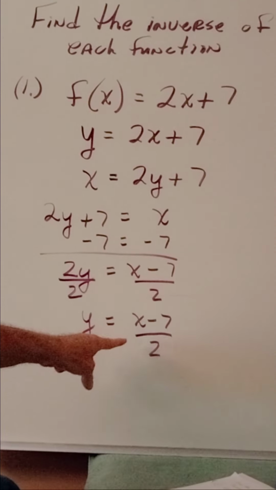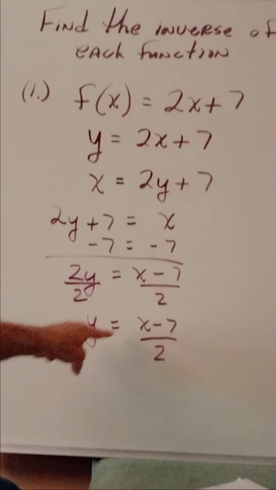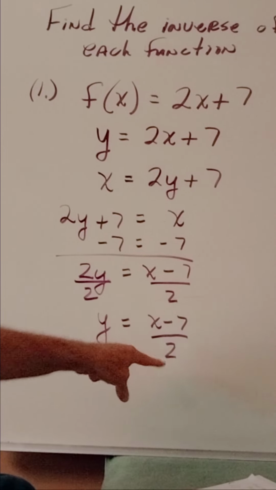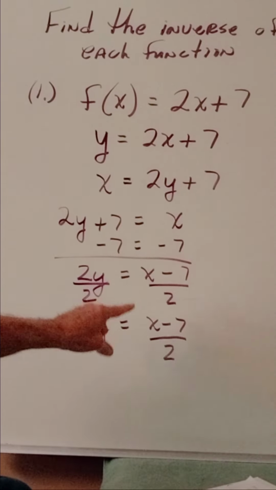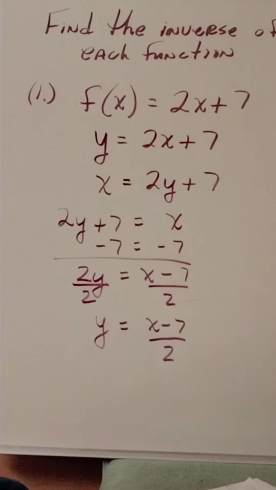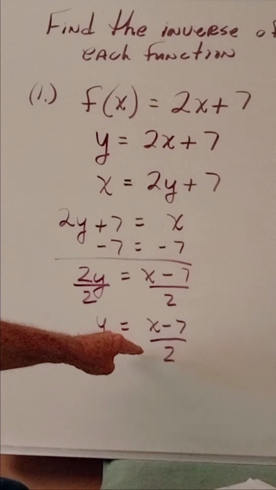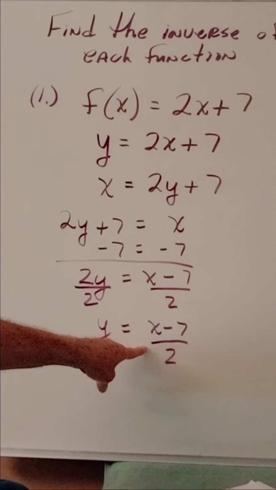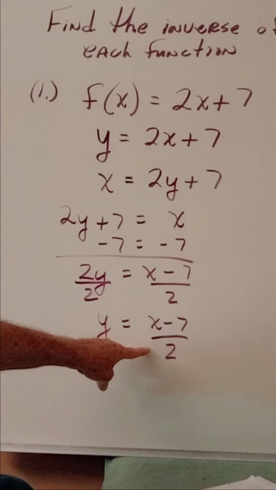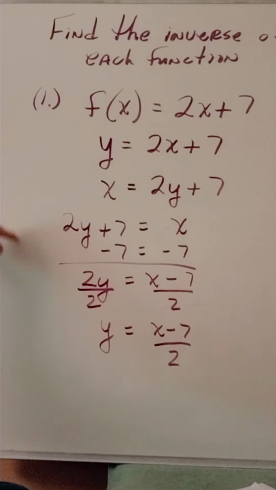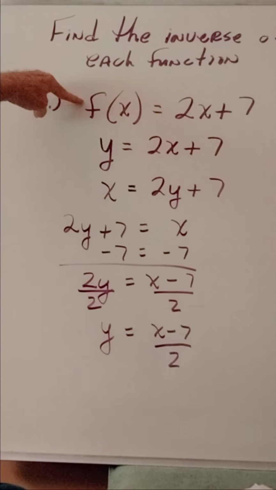And this new equation, y is equal to x minus 7 over 2, represents a function, and there's no doubt about it, so this equation will be the inverse of the given one.